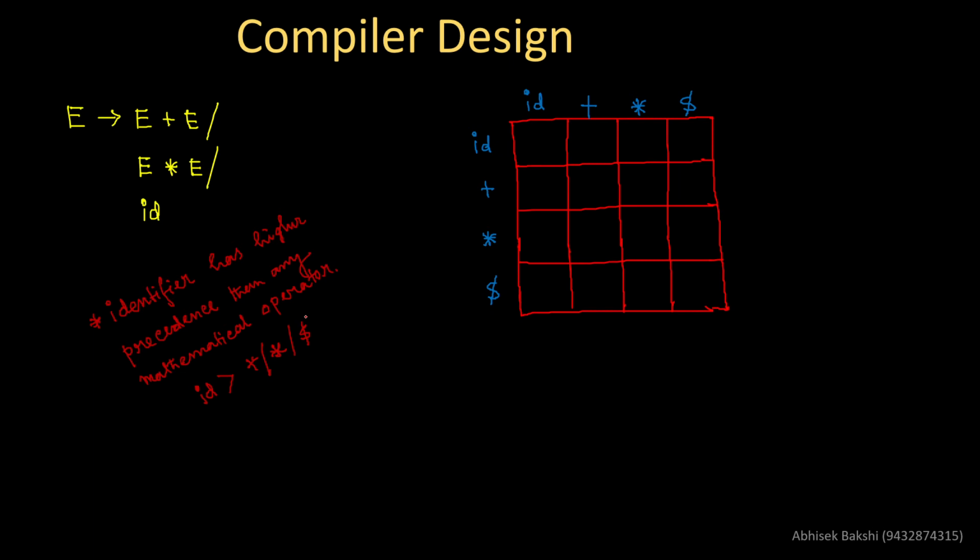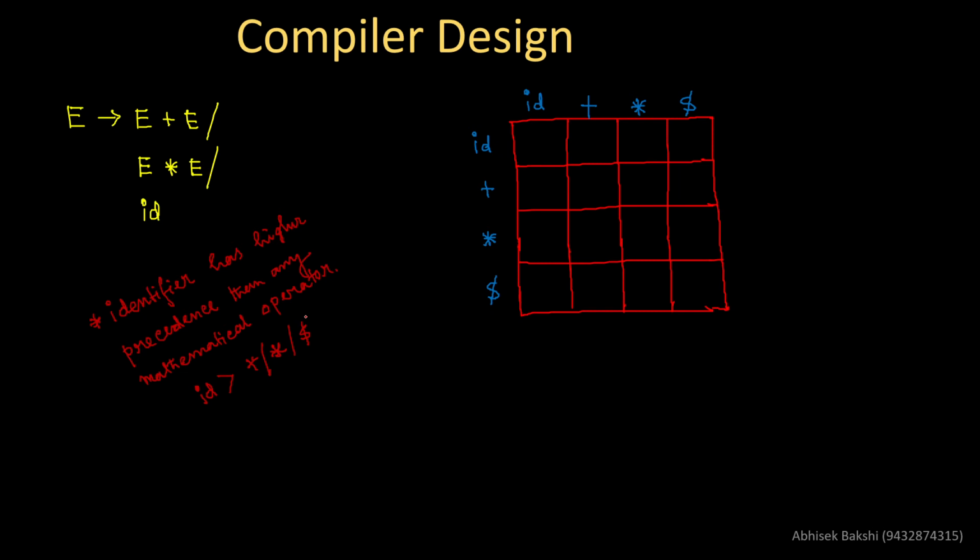Obviously you will say that star will have higher precedence than plus. Yes, that's true. But if you want to design your grammar such that plus has higher precedence than star, then you can do that, because it is deterministically defined in this particular table which operator has higher precedence than which other operators.